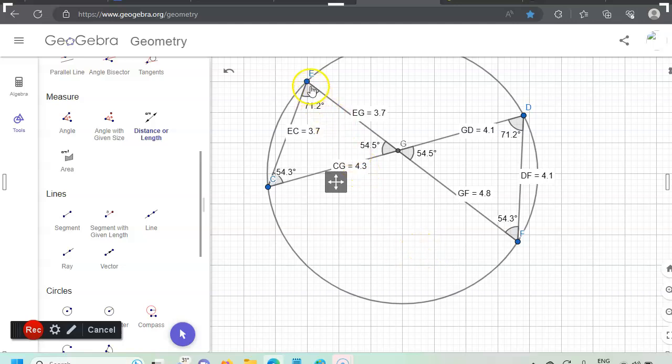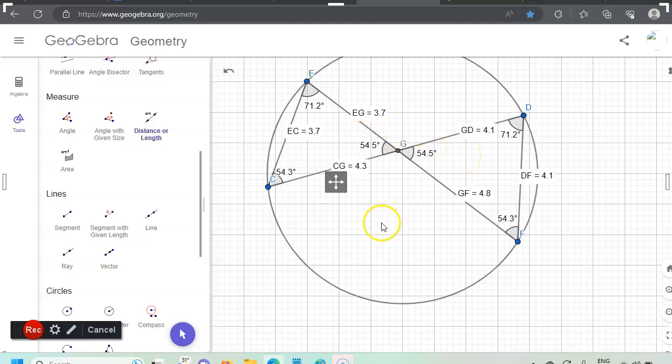Again, intercept EG corresponds with intercept GD because these two line segments are not the shortest nor the longest.